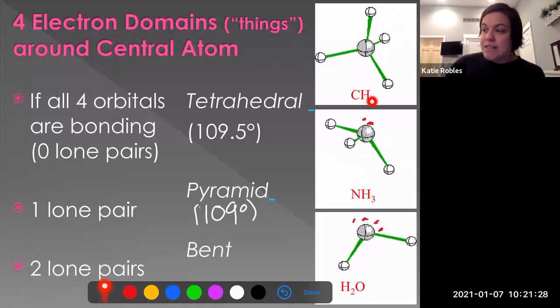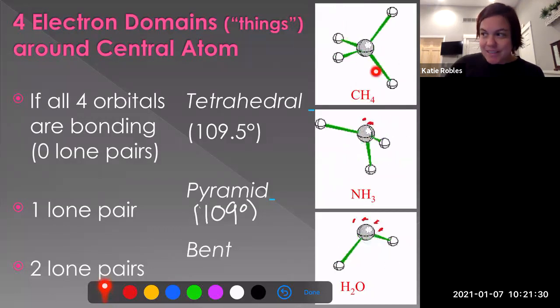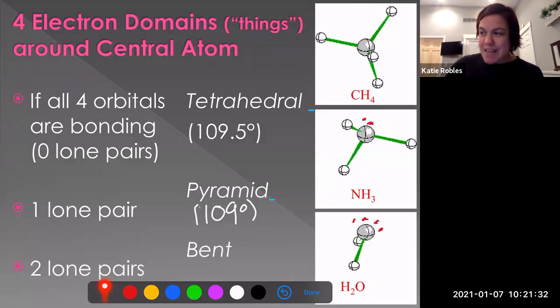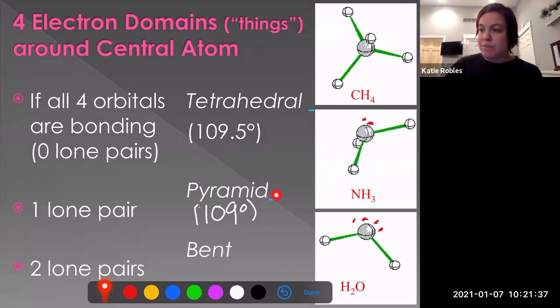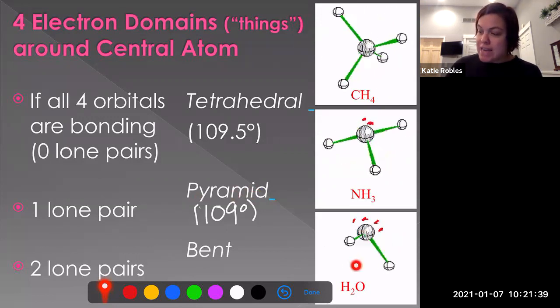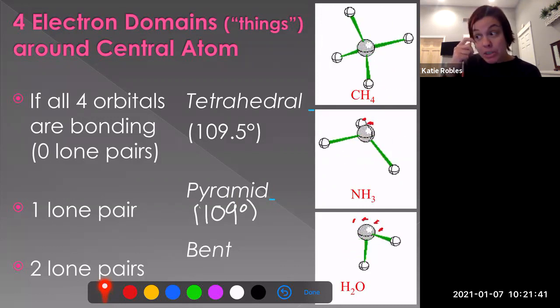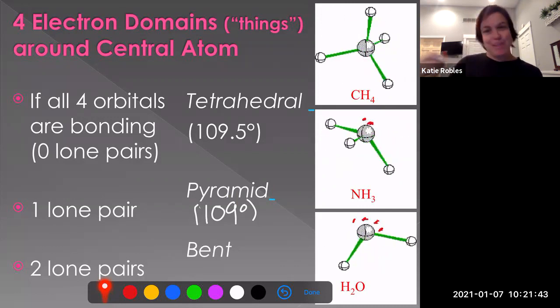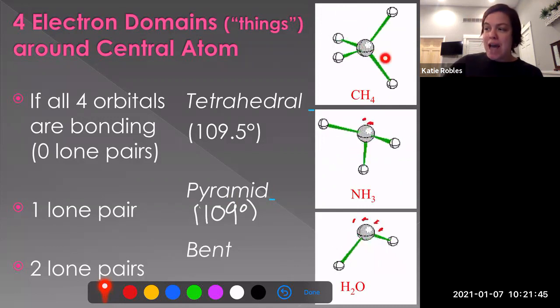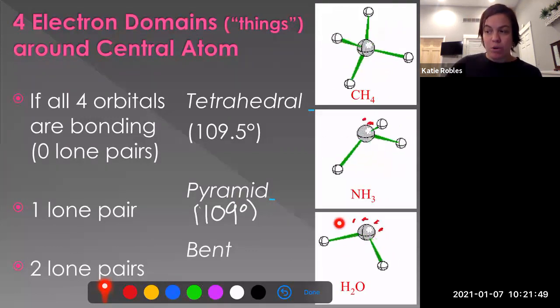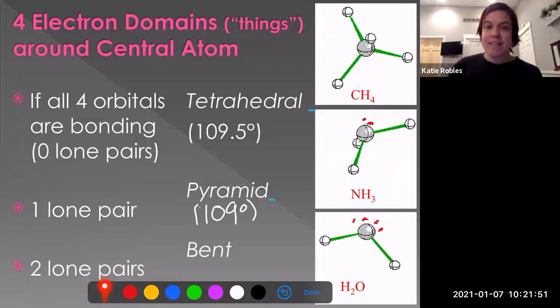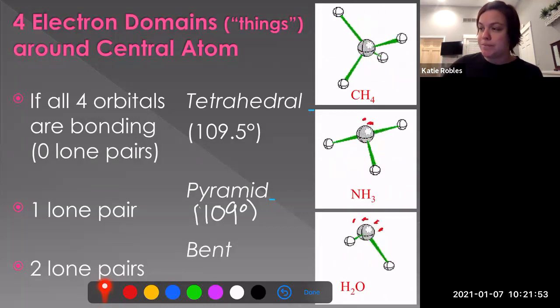We've got CH4, which is methane, tetrahedral shape, NH3, which is ammonia, gives me a pyramid shape, and then H2O, which is water, gives me that bent shape. Non-polar, polar, and polar. As soon as I have lone pairs on the central atom, it becomes polar.